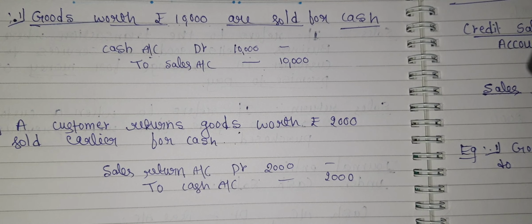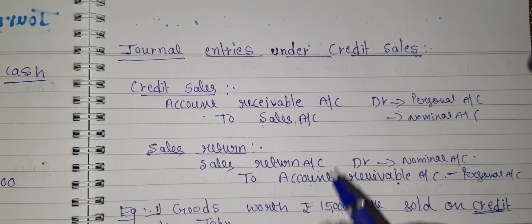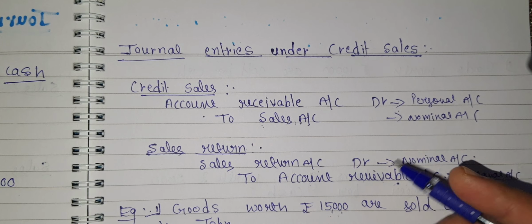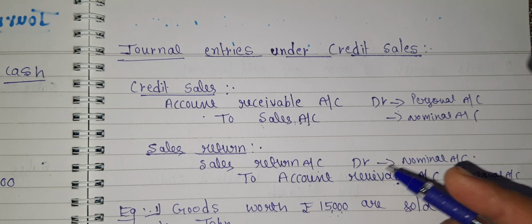Here it is the account receivable account or the customer account. Promise to pay means the customer buys the goods but agrees to pay the amount later. For that, the entry is account receivable account debtor to sales account.